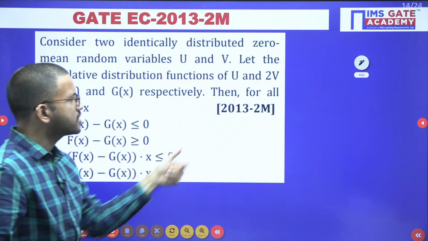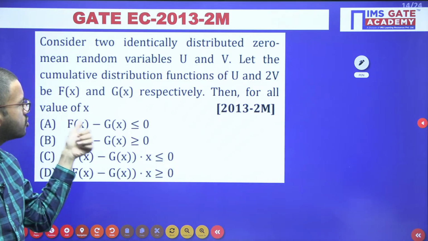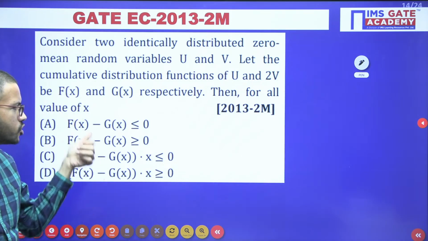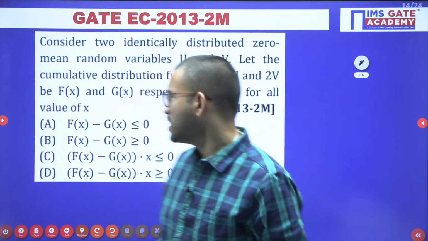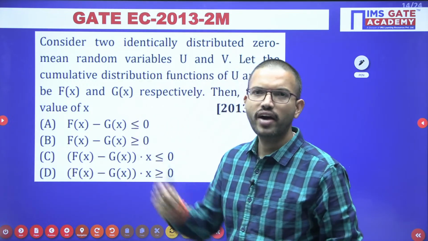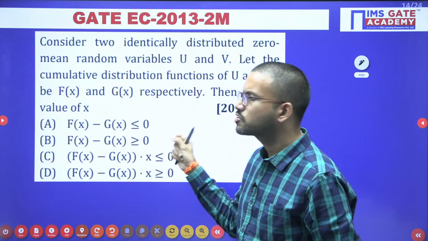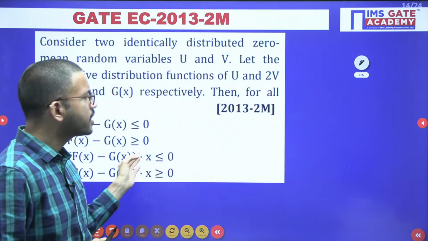Now the question is, for all positive values of x, they have given 4 choices. In each choice you have one relation. So whichever relation is going to be correct for all positive values of x will be the correct option, right?